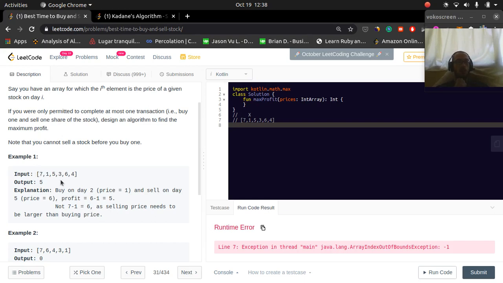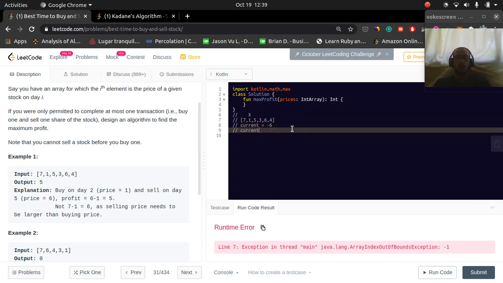So here's how we're thinking about that. Okay, so we've got this example, 7 1 5 3 6 4. So we have to ask ourselves, do we want to buy on day 0 and sell on day 1? Well, that would give us a current profit of -6. So probably not. We don't want to do that.